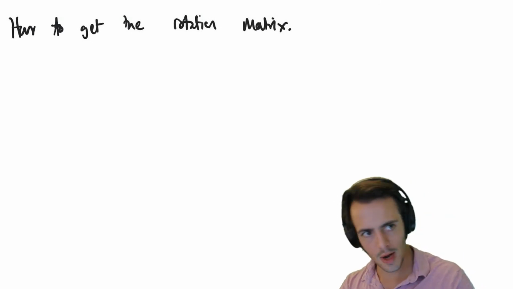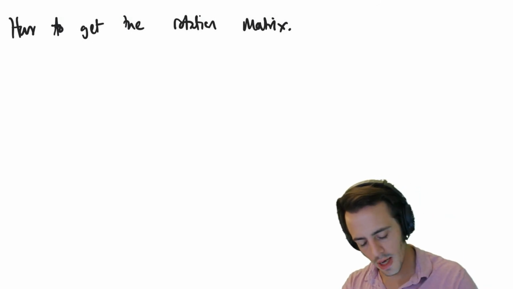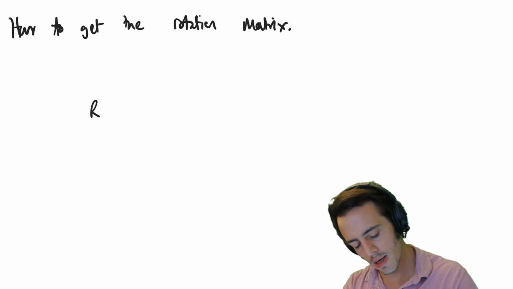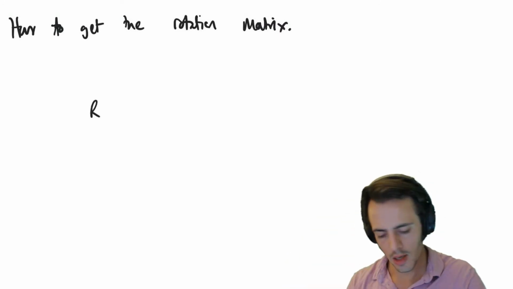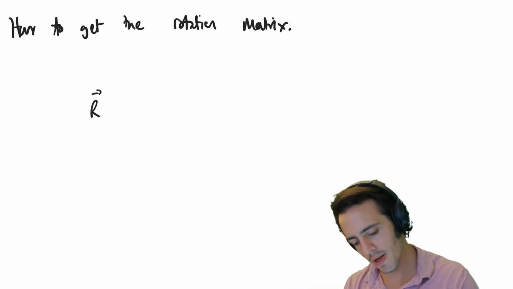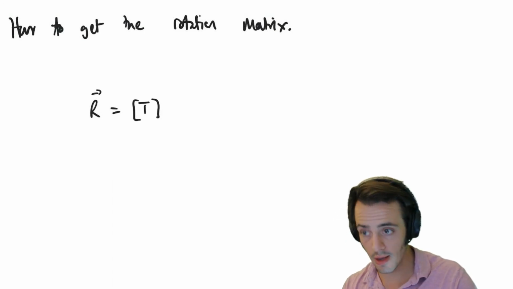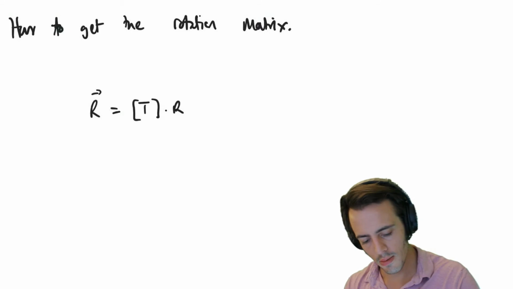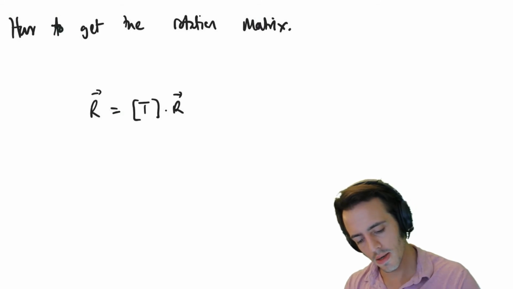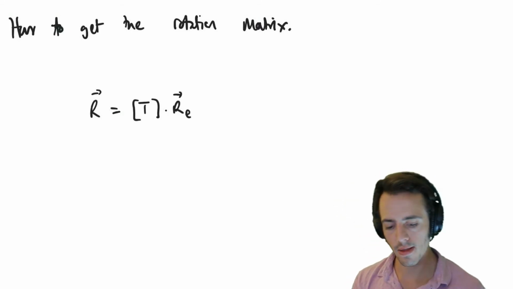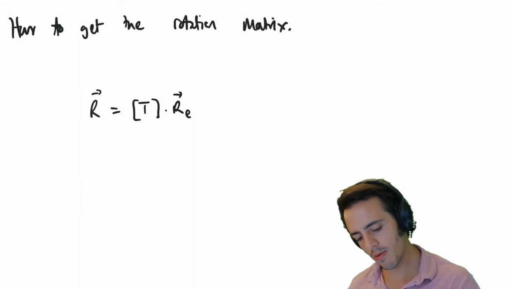So how to get the rotation matrix. We know that ultimately what we're looking for is R in our body axes, which is going to be equal to some total transformation matrix, total rotation matrix, multiplied by some quantity in earth axes. And we're going to produce 3 rotation matrices.